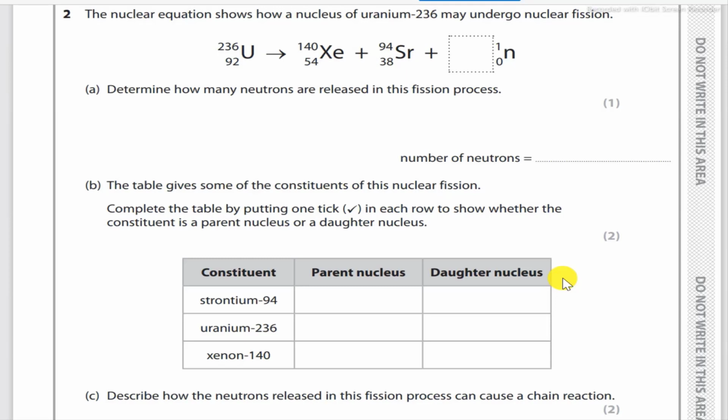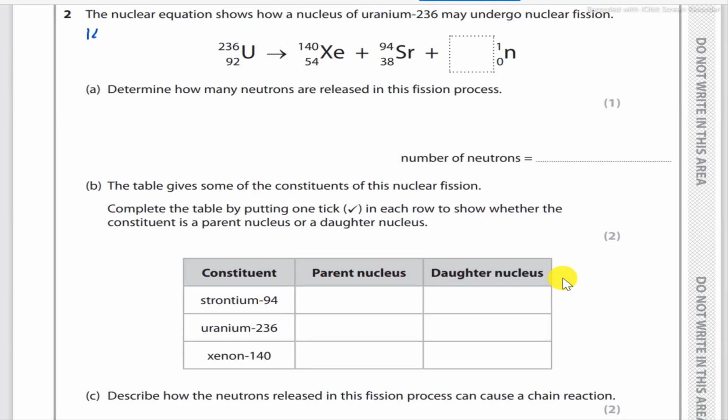So by calculating the mass number, 140 plus 94, the total mass on the right side is 234.